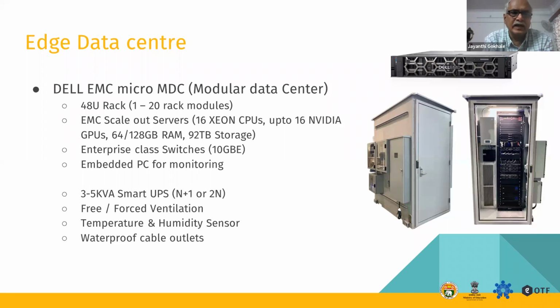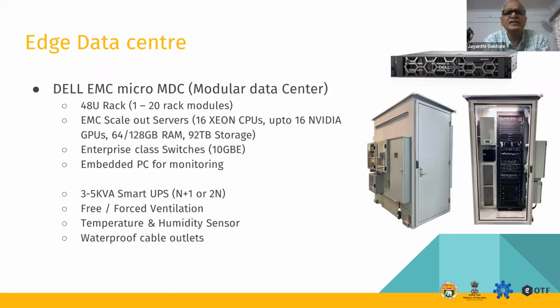And it is also attached to an enterprise class 10 GB switch. A bunch of additional infrastructure is also provided in the form of a small embedded PC, primarily used for monitoring purposes. So if you have local monitoring to be done, it can be done through this embedded PC exclusively for monitoring. This entire data center also has a 3 to 5 kVA smart UPS.